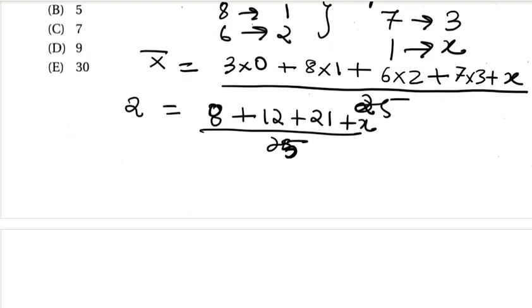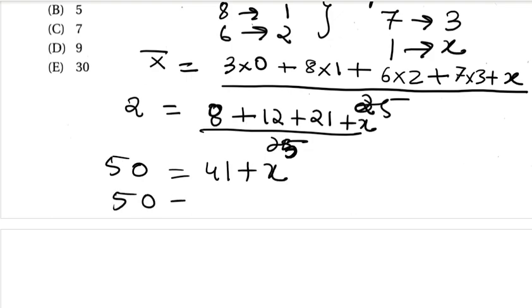Now we got to multiply and write the final answer, 50. Which will be equal to 8 plus 12 plus 21, not 81, sorry, 41. Yes, 41, that is the correct answer, plus x.